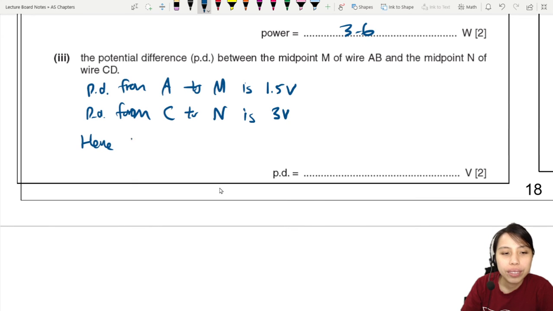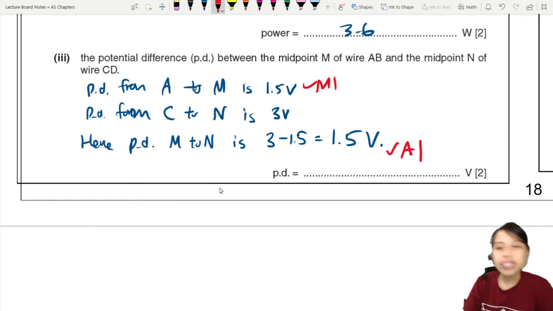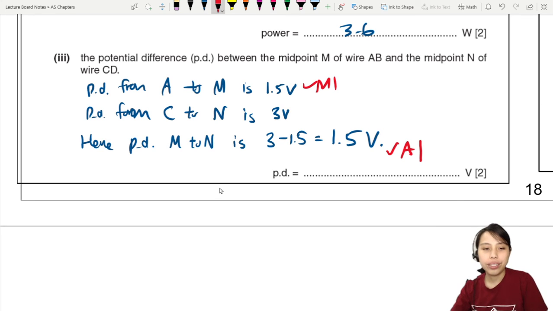Hence, what's the potential difference? M to N is 3 minus 1.5. 3 minus 1.5 will give us 1.5 volts. And that is our answer. So this one is A1, first one, M1. This is just restating what we just looked at.